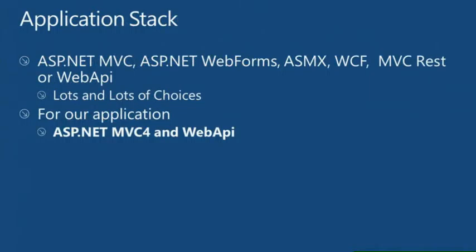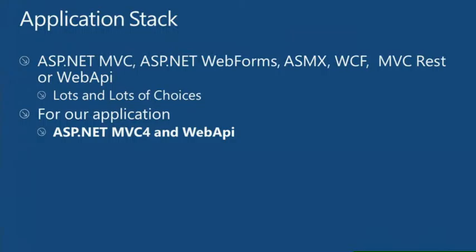However, even once we did that, we had a couple of other options to make. And one of the ideas I threw around when I was working on this talk with a colleague is we said, well, we could do something really crazy and maybe use PHP or Node.js for this application.